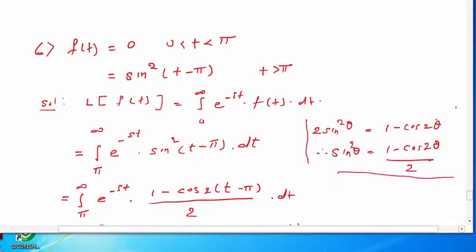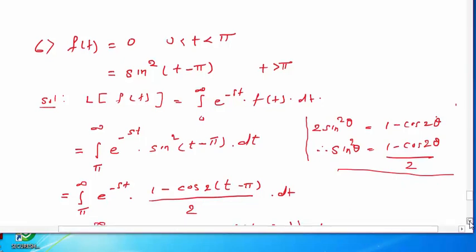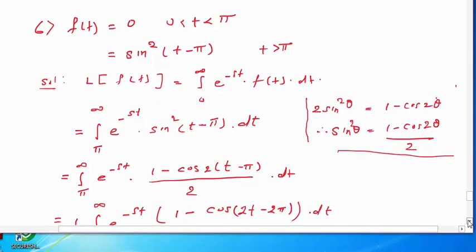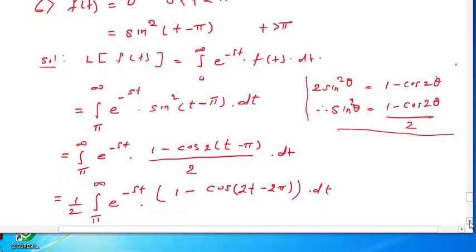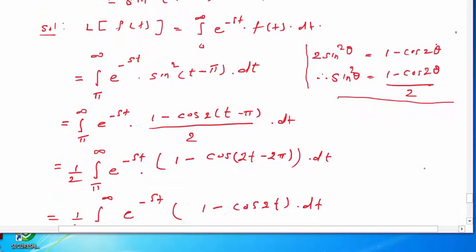So therefore this integration will become the integral from pi to infinity of e raised to minus st (1 minus cos 2 times (t minus pi)) divided by 2 into dt. Now if we open the bracket, 2 will multiply by t, so it will become e raised to minus st (1 minus cos (2t minus 2 pi)) into dt.